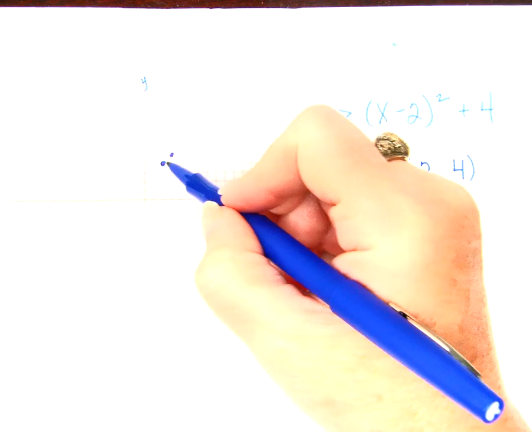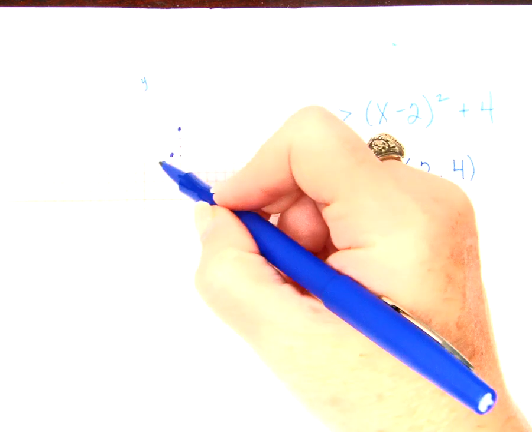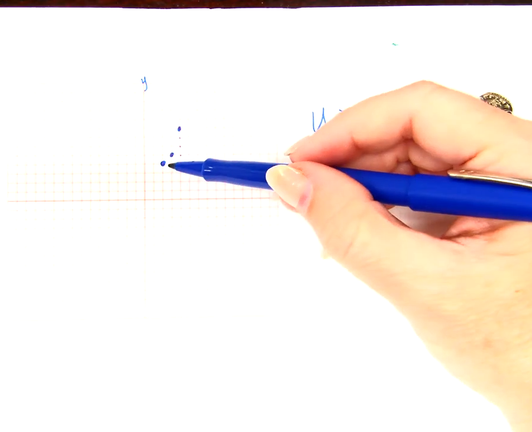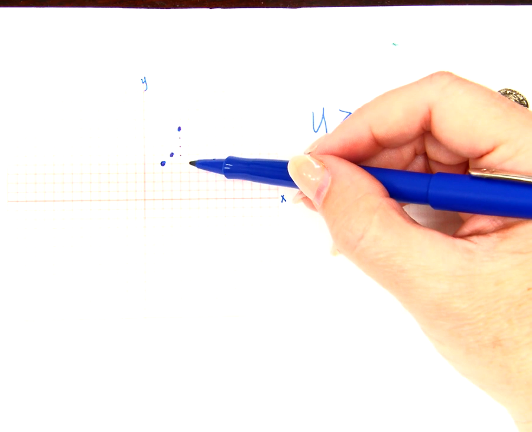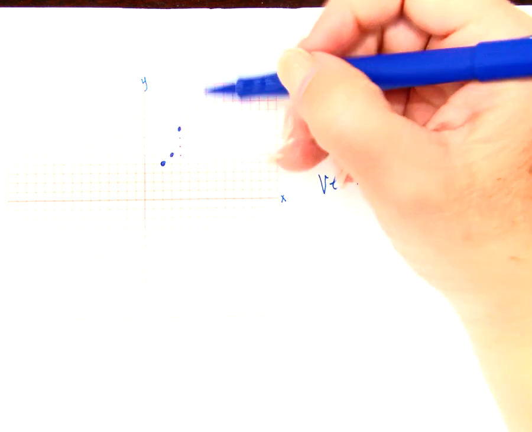From the vertex, I can go right 2 and up 4, because 2 squared is 4. From the vertex, I can go right 3 and up. How far can I go up? 9, right? Why can I go up 9? Because 3 squared is 9. Yeah, 1, 2, 3. 1, 2, 3, 4, 5, 6, 7, 8, 9.